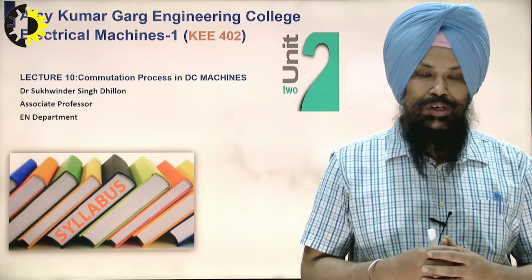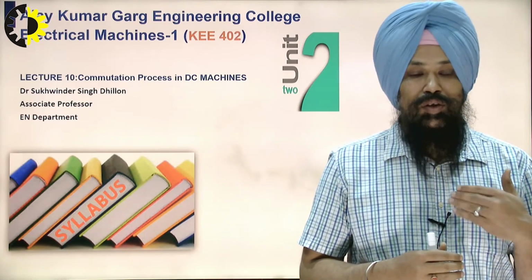Let's discuss how the commutation process takes place and how the reversal of current takes place in the armature winding when the armature windings are moving across the carbon brush position. As we have discussed in the previous lectures, armature reaction has a very important role, and it may affect the performance of the DC machine, because due to the armature reaction there will be an induced EMF at the carbon brush position or magnetic neutral axis, when they are mounted on the geometrical neutral axis.